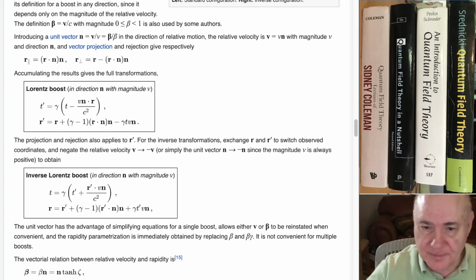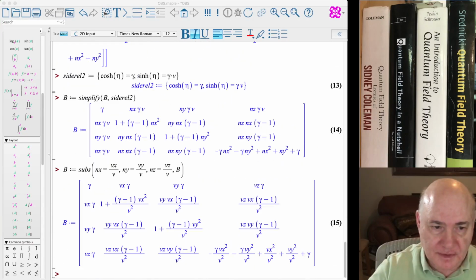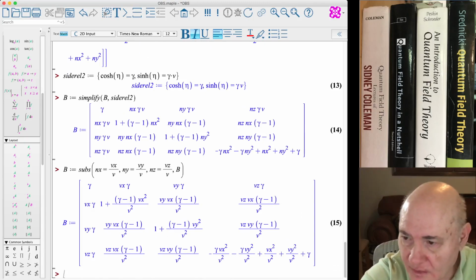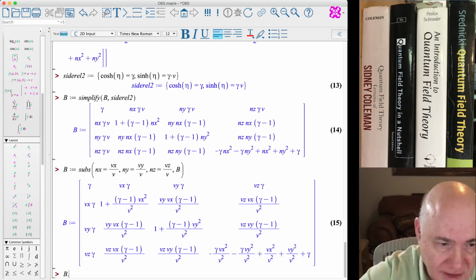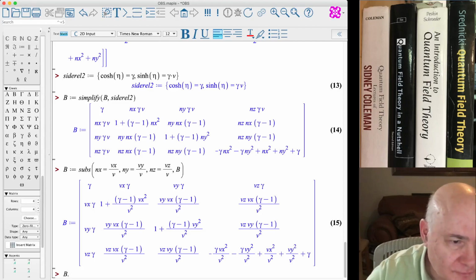And on my Maple worksheet, we can verify that. We can take the boost matrix times a 4 by 1 column vector.